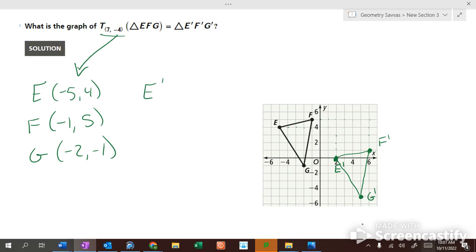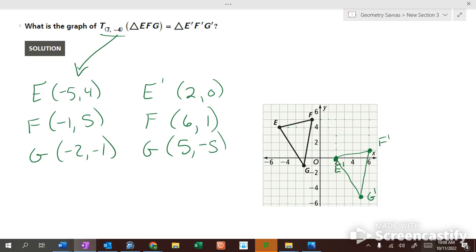So E prime is 2, 0. F, add 7. Well, -1 plus 7 is 6. 5 minus 4 is 1. And G, 7 plus -2 is 5. -4 plus -1 is -5. And those are all the points where they're at.